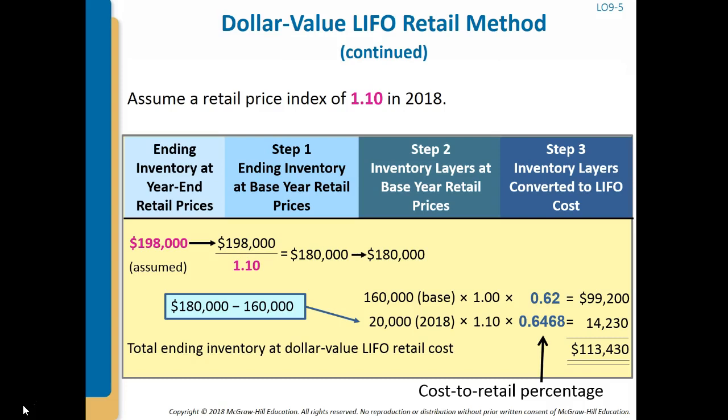Multiplying each layer by its retail price index and by its cost to retail percentage converts it from retail to cost. The two layers are added to derive ending inventory at dollar value LIFO retail cost. When additional layers are added in subsequent years, their LIFO amounts are determined the same way.